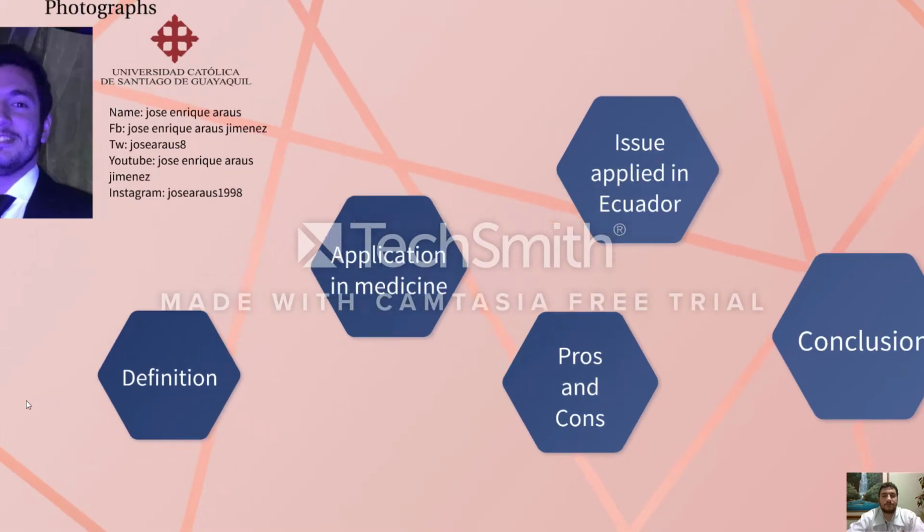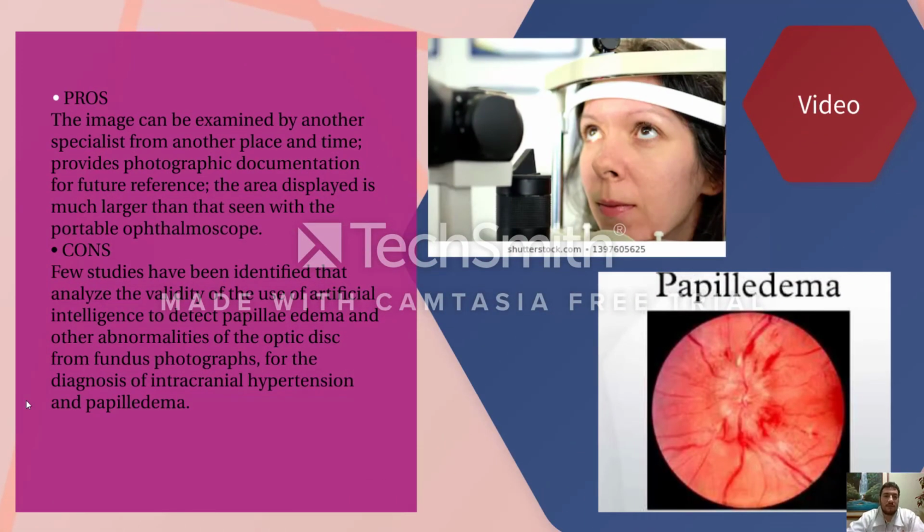Pros and cons. Pros. The imaging can be examined by other specialists from another place and time. It provides photographic documentation for future reference. The area displayed is much larger than what is seen with the portable ophthalmoscope.